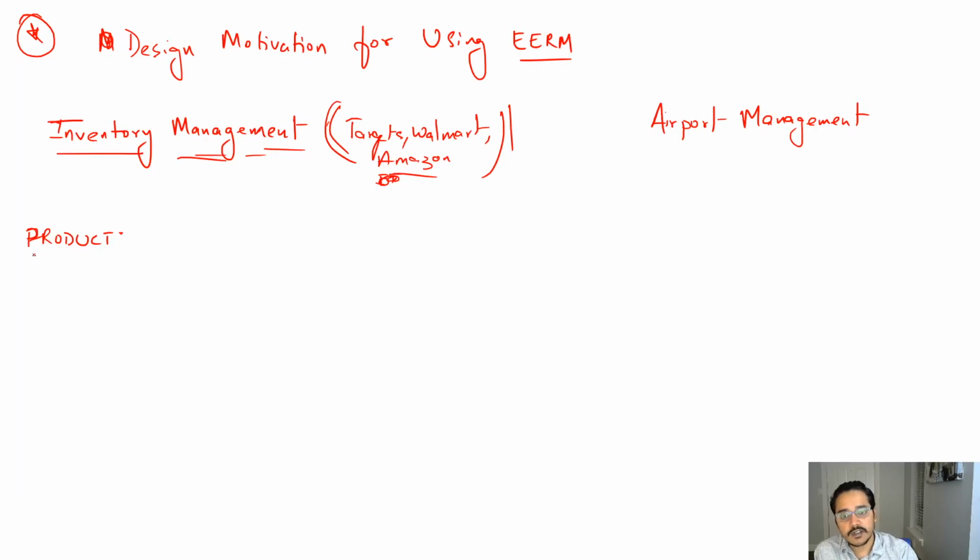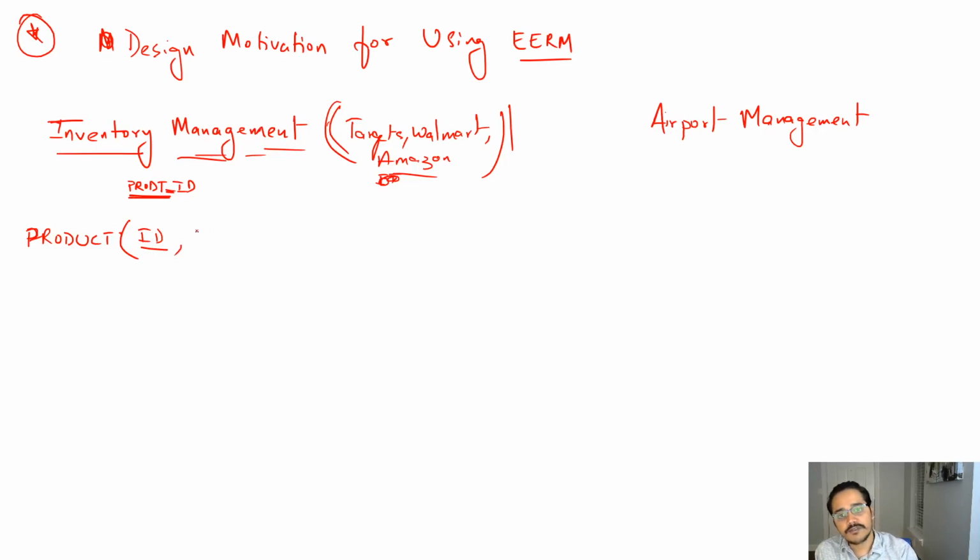So if you think of an entity product, you can have different things like ID. I'm just relaxing the writing notation of product ID. But whenever you are writing any relational notation, or the names of any attributes, make sure that you follow the naming convention, where you have a prefix of the entity that this attribute belongs to.